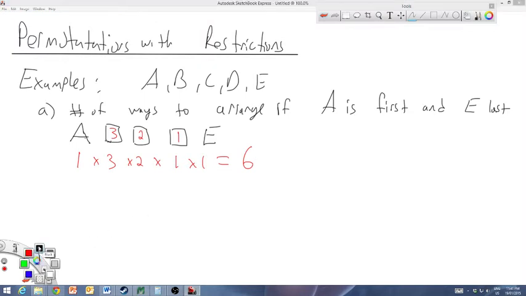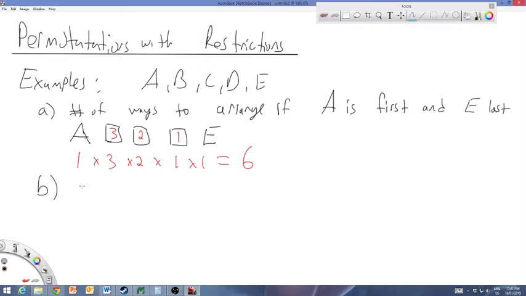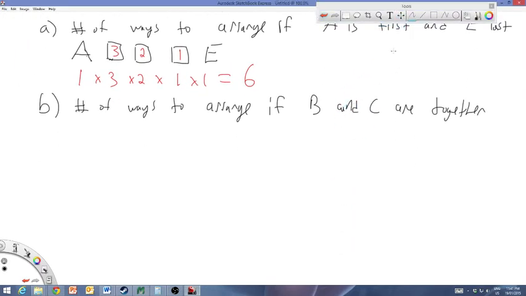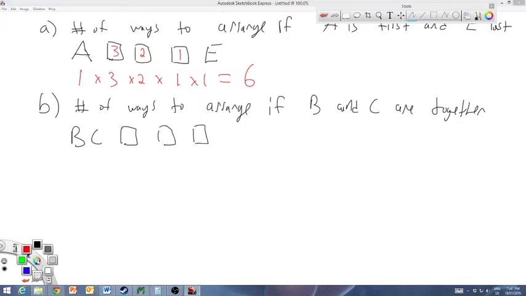Okay. Now, what if I want to find the number of ways to arrange if, let's say, B and C are together. So let's say I put B and C in the front. And then I'll have 3 extra spaces after that. Well, the same kind of math applies.